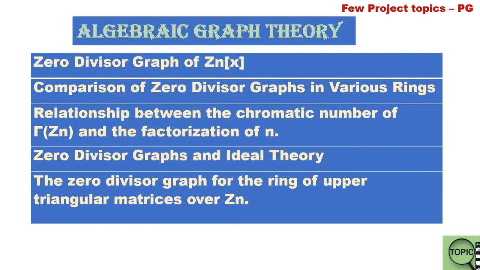Zero divisor graph of Zn[x], the collection of polynomials over Zn. Comparison of zero divisor graphs in various rings. Relationship between the chromatic number of the zero divisor graph of Zn and the factorization of n. Zero divisor graphs and ideal theory. The zero divisor graph for the ring of upper triangular matrices over Zn.